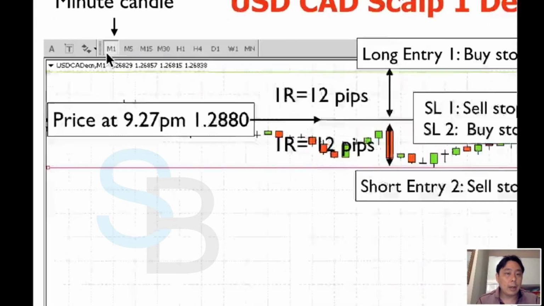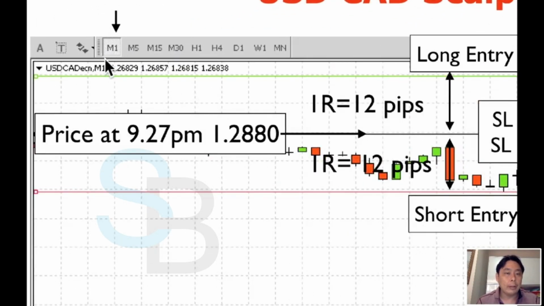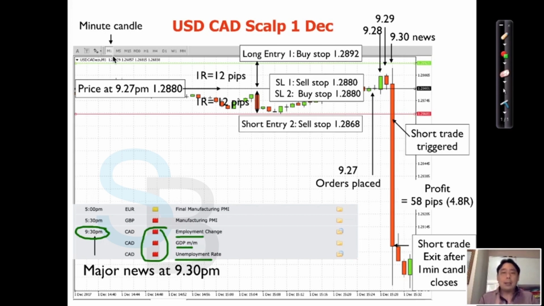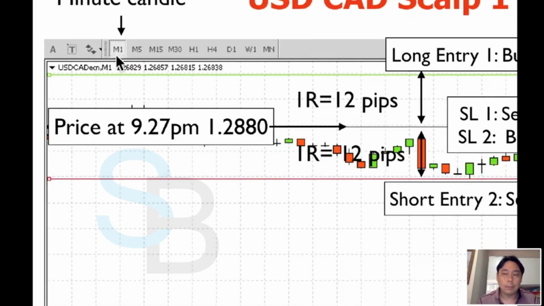So you can see that I'm looking at the 1-minute candles. Now, I may at times look at the 5-minute candles to place my orders. But once I place my orders, I tend to switch to the 1-minute candles in order to know when to exit once the 1-minute candle closes, right? So bear in mind that these are 1-minute candles that I'm looking at, okay?